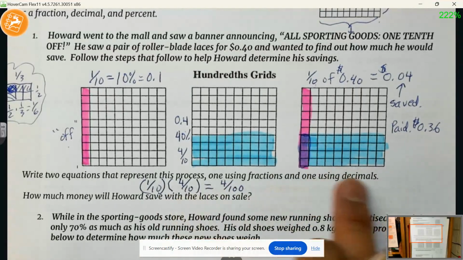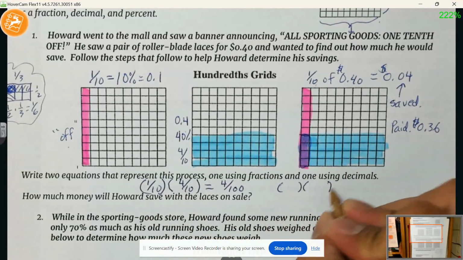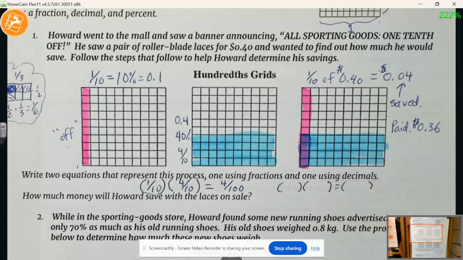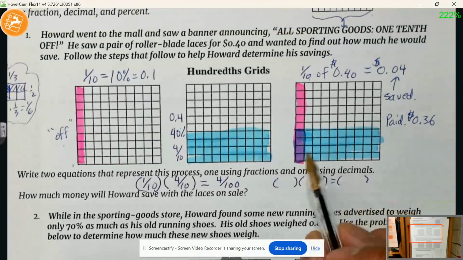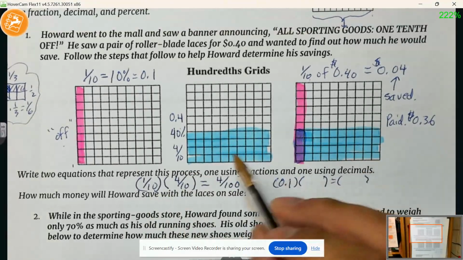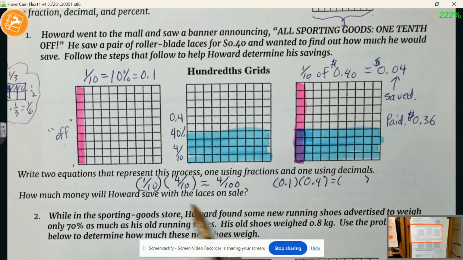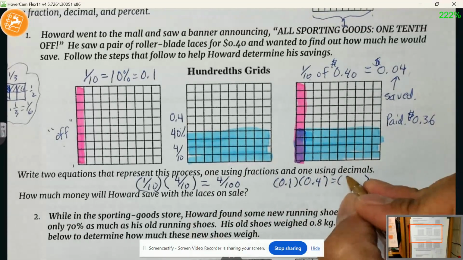That's fractions. So now let's do the same thing using decimals. So what would that equation be here? All right, and it would be 1/10 times 4/10, which equals 4/100ths.